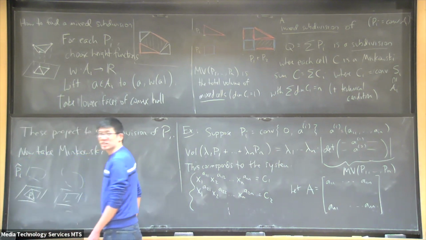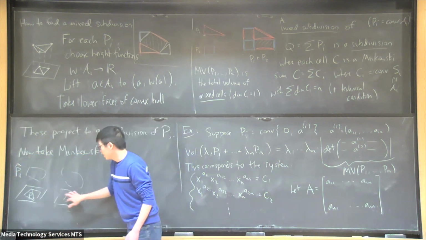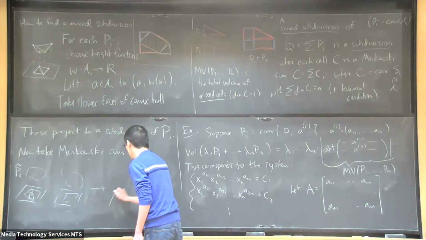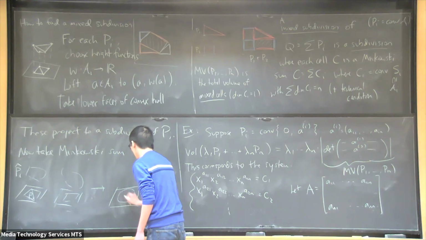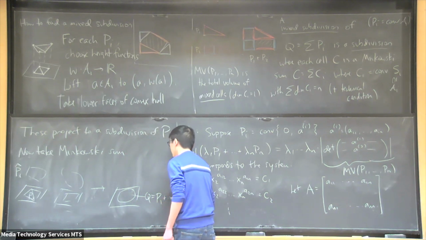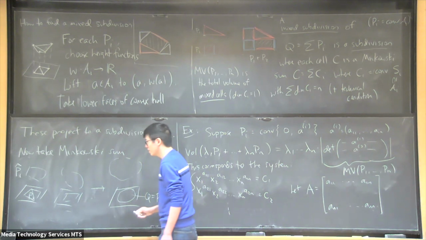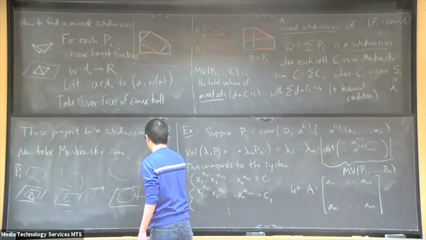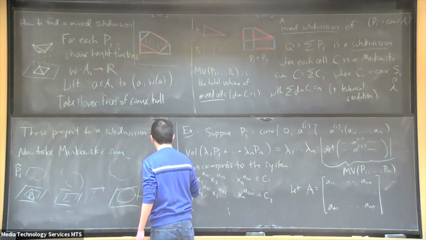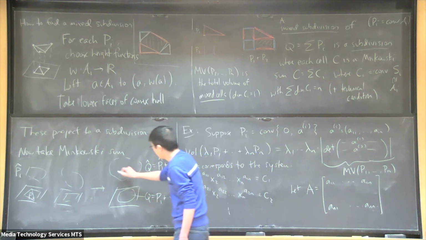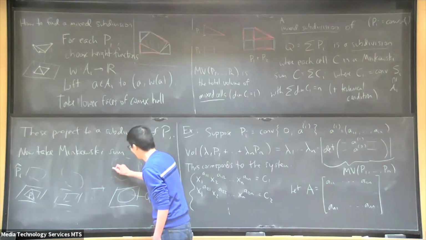Then I take the Minkowski sum of all the polytopes down here, so I'll get some big polytope. This now is Q, which is the Minkowski sum of these things. And then upstairs, I'll get some lifting, which is just the Minkowski sum of these polytopes up here, which will project onto this.